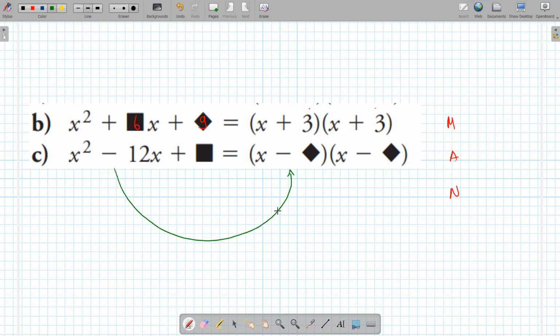Both of our numbers, our ends, are negative. So what could our ends be? There's a bunch of right answers. Unlike part B, where there's only one answer, part C has multiple answers.